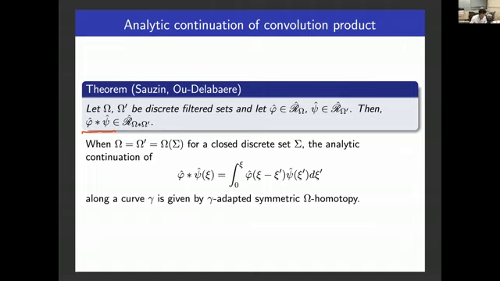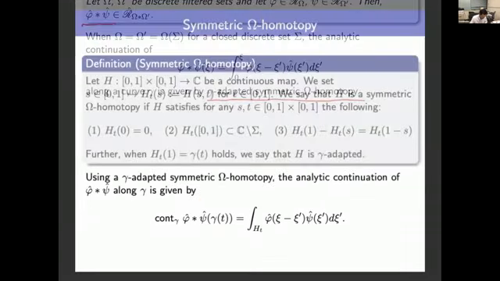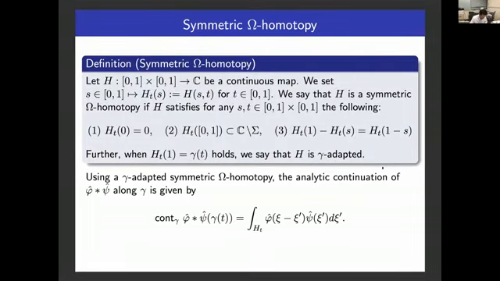To discuss analytic continuation, we use γ-adapted symmetric homotopy. The definition of symmetric Ω-homotopy is here, and using it, we can give analytic continuation of the convolution product in this way. But I have no time to explain symmetric Ω-homotopy precisely, so we skip it here.